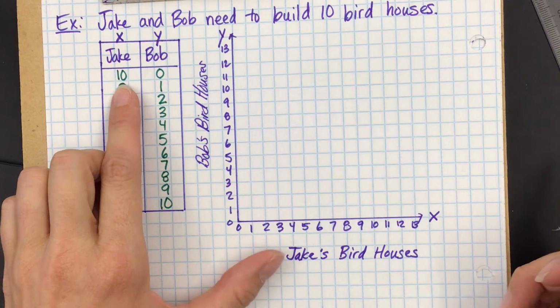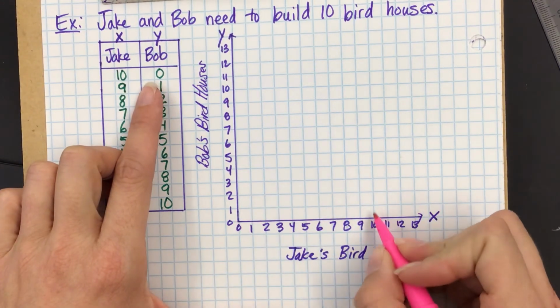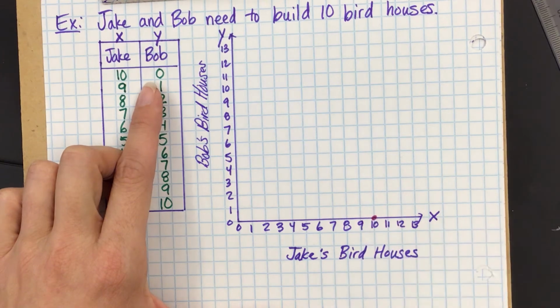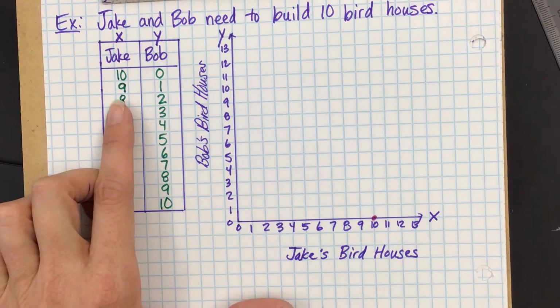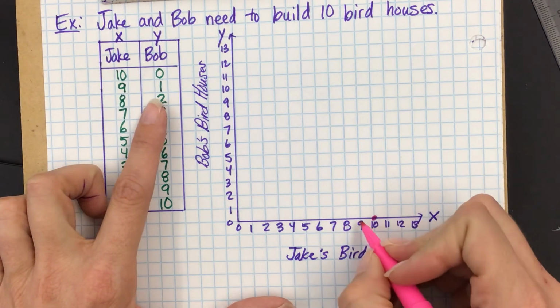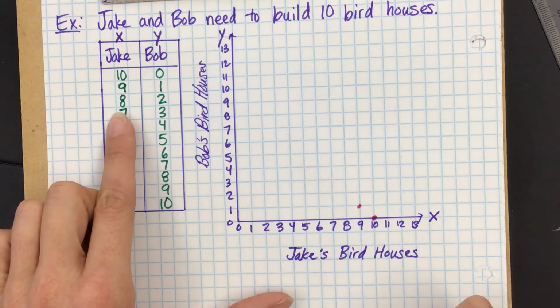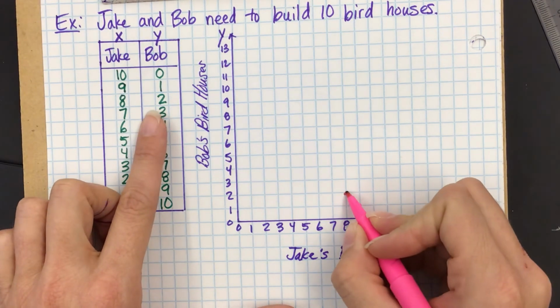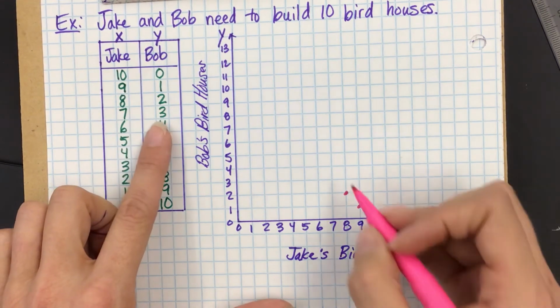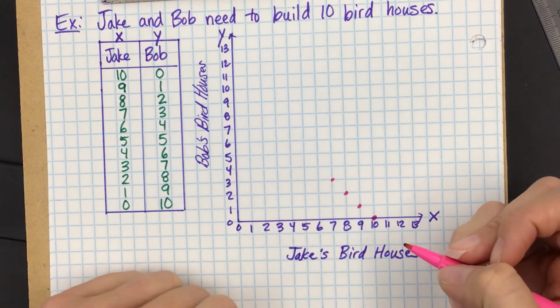This is basically an ordered pair here. So 10, 0. We're going to put a point at 10, 0. Then our next point, Jake builds 9, Bob builds 1. So Jake is 9, Bob is 1. And then 8 and 2, 7 and 3. You can kind of see what's happening here, right?